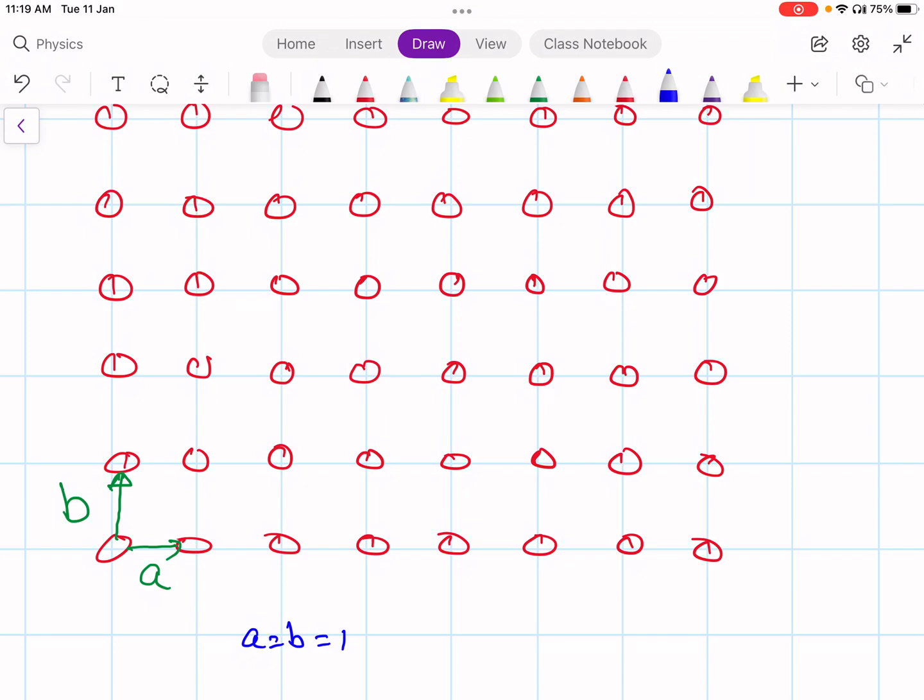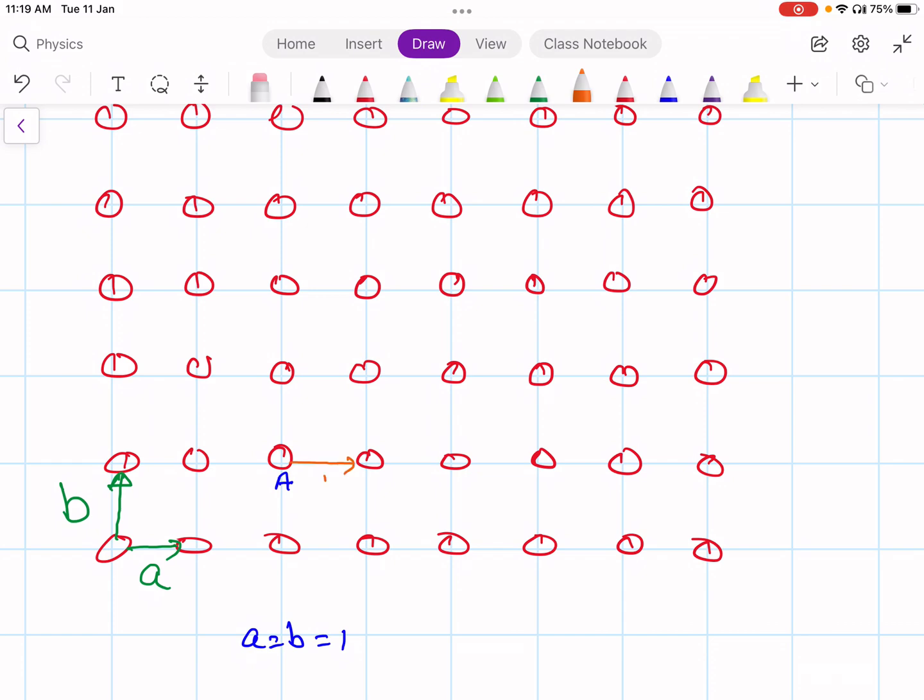For that, let us consider this point, and name it point A. I will start from that point and move towards the x direction.